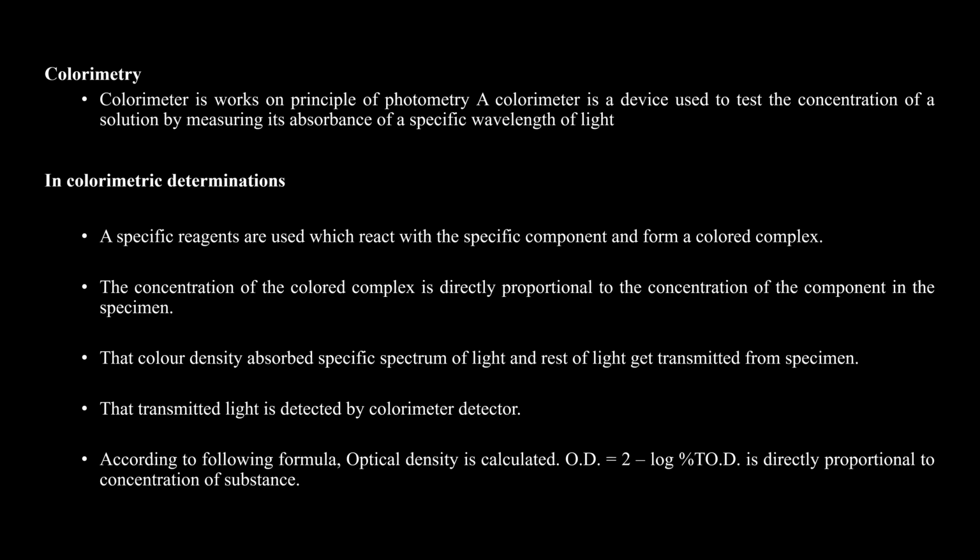The concentration of the compound is the pigment. A specific spectrum of light is passed, and the rest of the light transmitted from the pigment is detected by the colorimeter detector. Optical density OD equals 2 minus log of percent transmittance, and OD is directly proportional to the concentration of the substance.